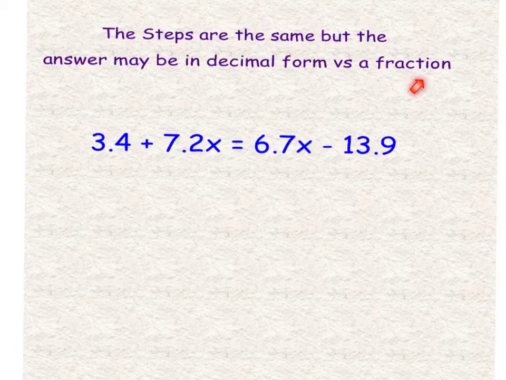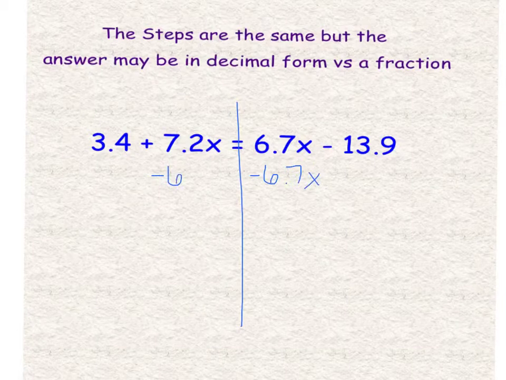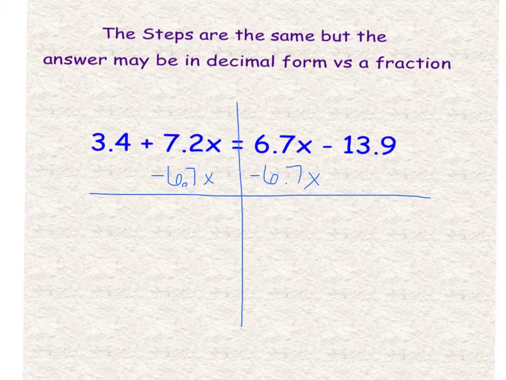So I'm going to start by dividing my sides. The first thing I notice is that I have variables on both sides. I don't want variables on both sides, so I need to get rid of one of them. I always get rid of the one that is the least, so I'm going to get rid of the 6.7x on both sides. See, nothing is different.